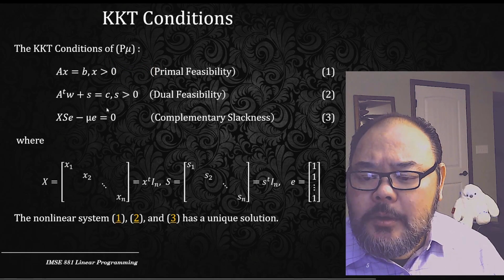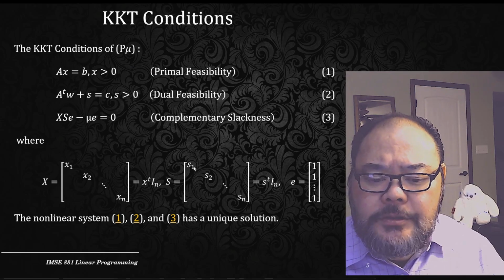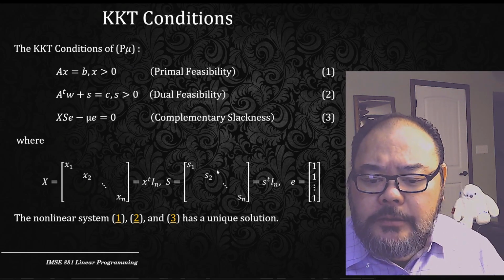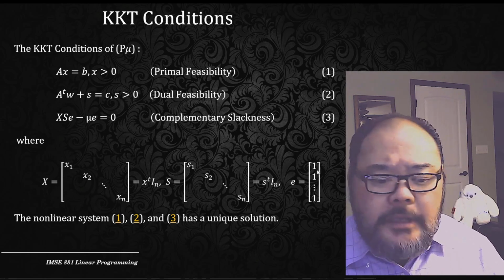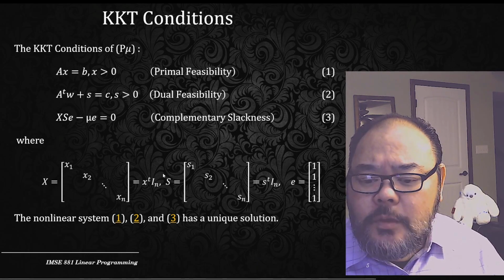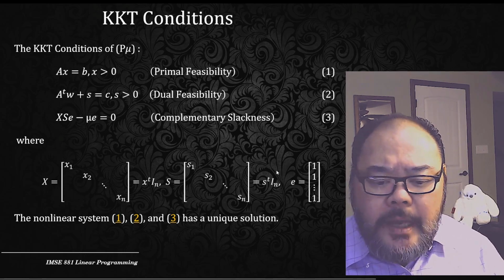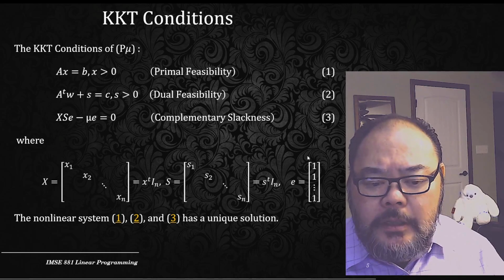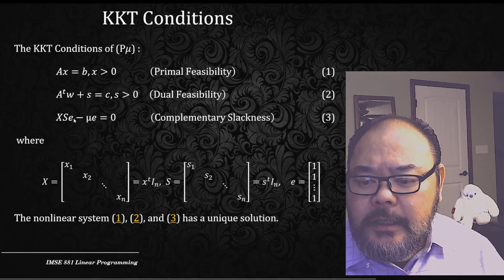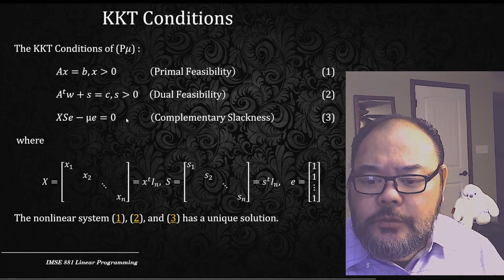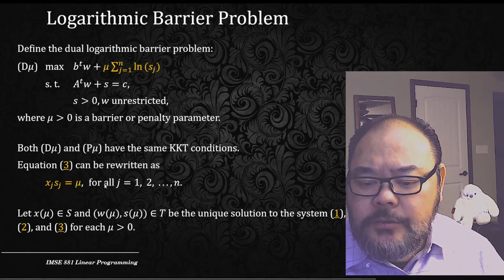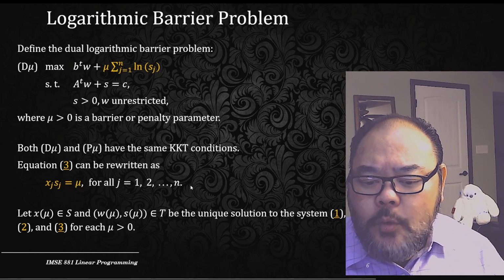Each one of them, since this is two diagonal matrices multiplied together, times a vector of 1, which makes it go from an n by n matrix back to an n by 1 matrix. Moving the mu to the right hand side, that's what we got: x_j times s_j equal to mu for all j from 1 to n.